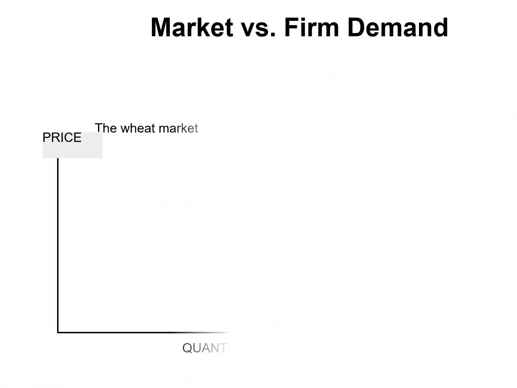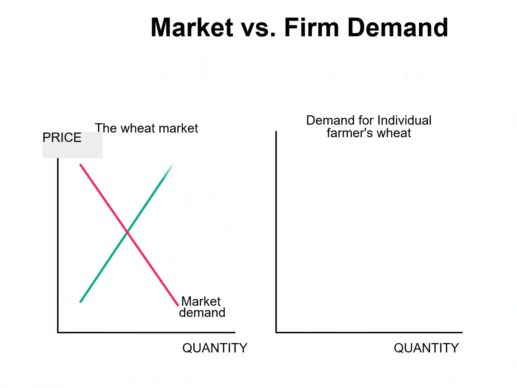All right, on the left, we have something that you are already familiar with: supply and demand, right? Markets, buyers, downward sloping demand curve, sellers, upward sloping supply curve. Remember, large number of buyers, so the market demand, the reddish pinkish curve there, we can assume that there's literally hundreds of thousands of buyers of wheat.